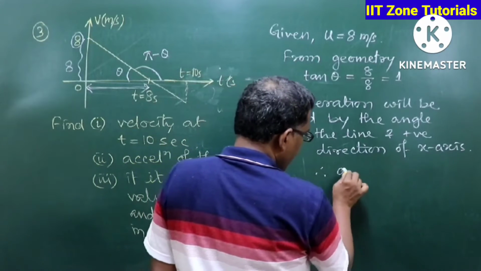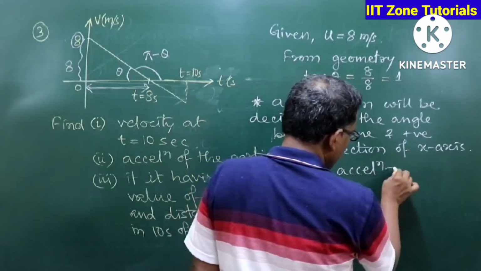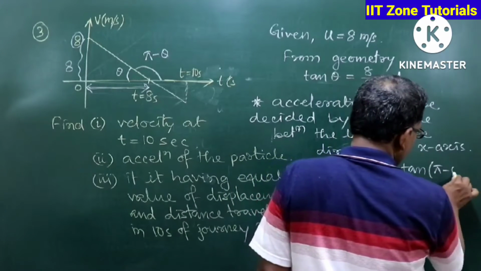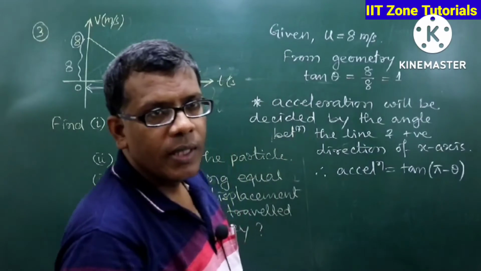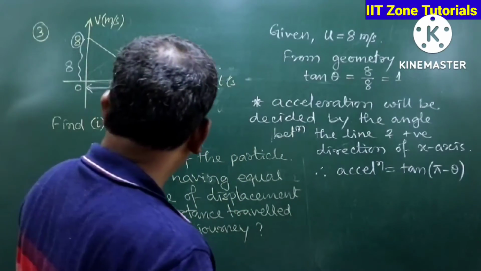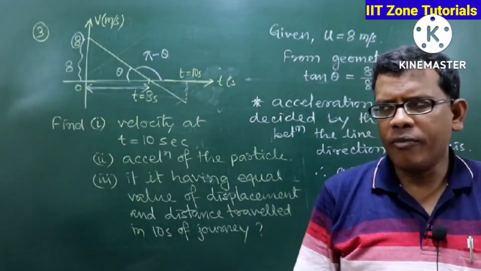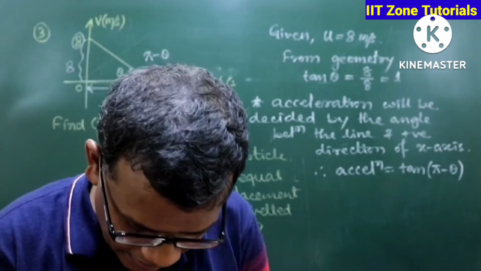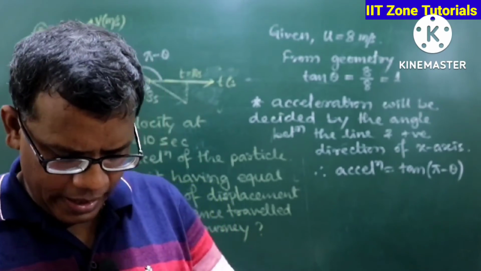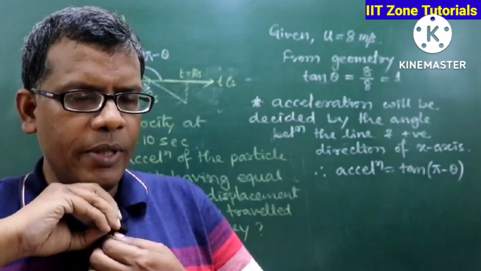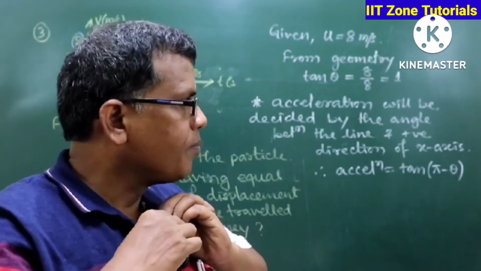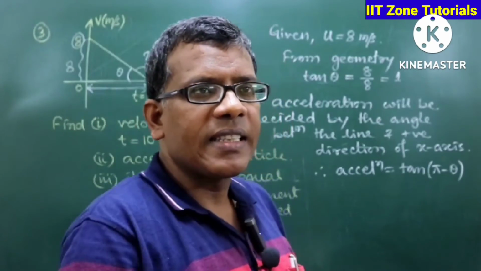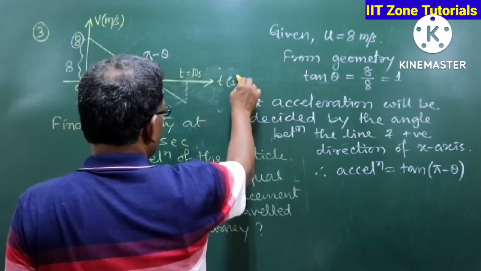So I can write that the numerical value of acceleration will be the numerical value of tan of pi minus theta. Is that okay? Acceleration of a velocity time graph will not be known by any angle theta taken, rather it will be the angle appearing between the line and the positive direction of x-axis, that is the positive direction of the time axis, right.